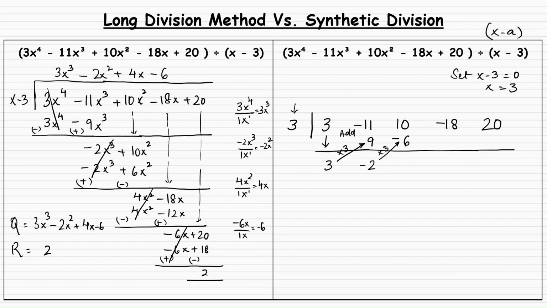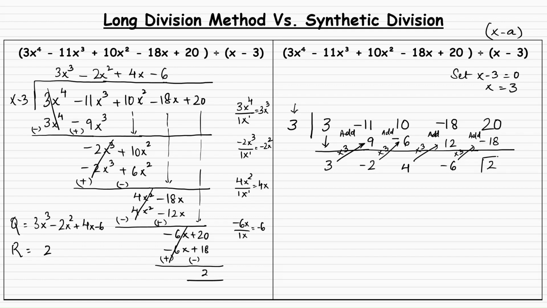Add. 10 added to negative 6 is 4. Multiply 4 with 3 gives me 12. Add. Negative 18 plus 12, negative 6. Negative 6 multiplied by 3, negative 18. 20 added to negative 18 is 2.